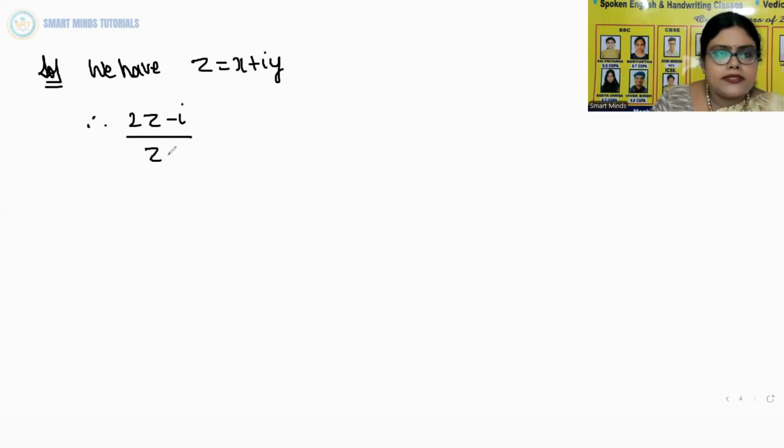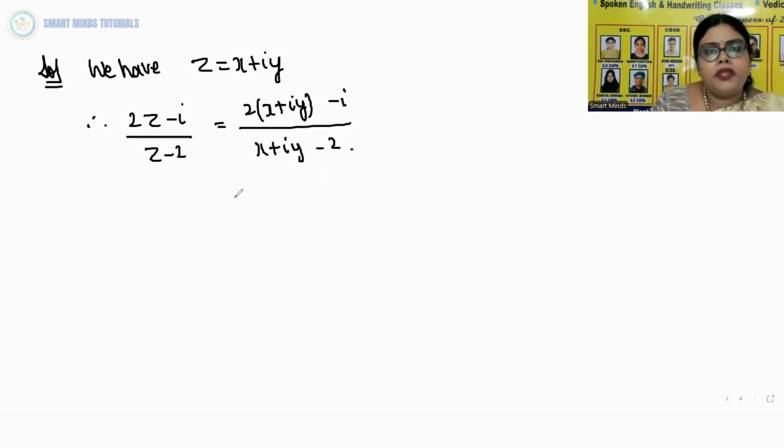So we have z is equal to x plus iy. Therefore 2z minus i by z minus 2, let us find out. In the place of z we will put x plus iy. So 2 into x plus iy minus i by x plus iy minus 2. Now from here we will separate real and imaginary parts.